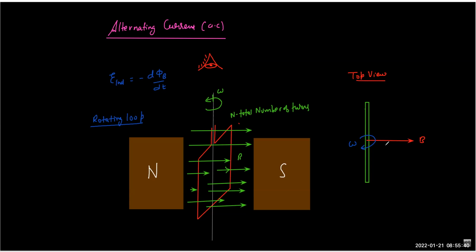So now, because omega is constant, after some time the loop will turn, maybe something like this.